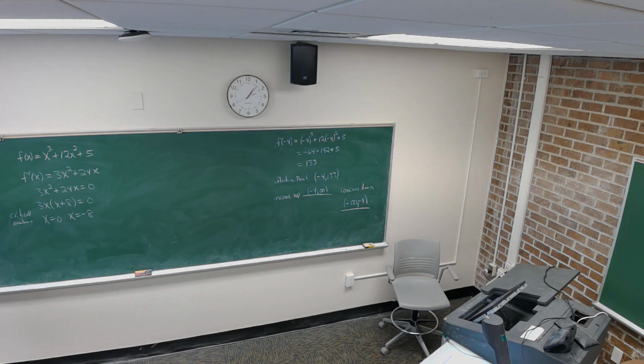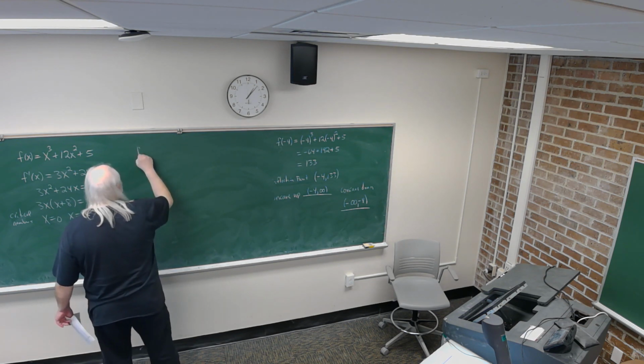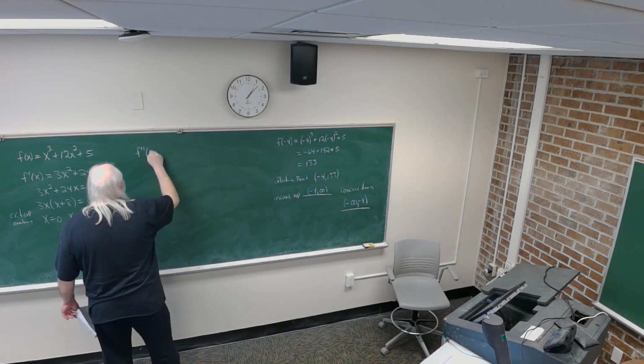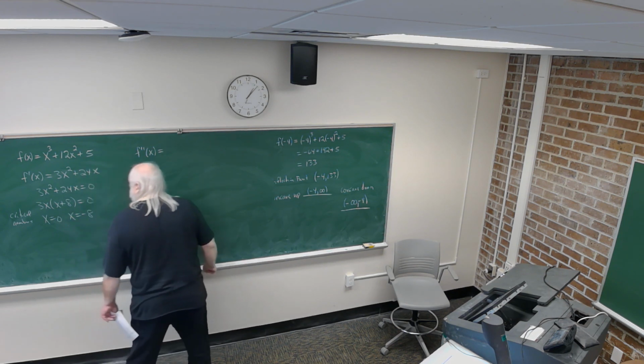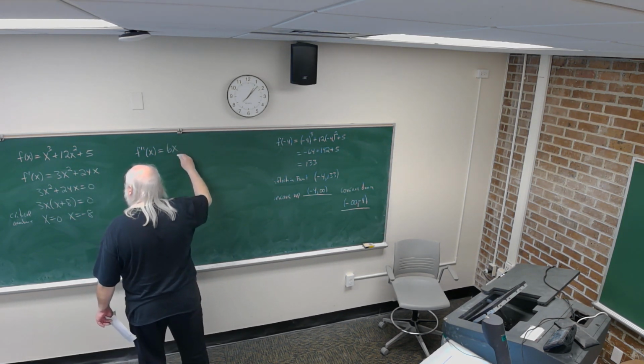Again, these should be in your notes from yesterday, right? Yesterday's handout. So to determine whether there's a local max or min at 0, and at x equals minus 8, we need the second derivative. And the second derivative is equal to 6x plus 24.